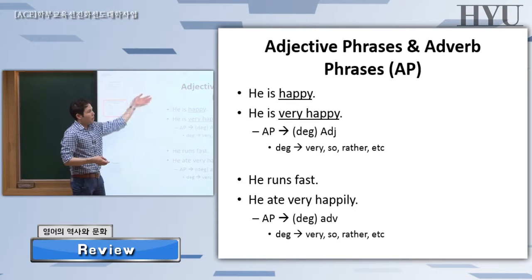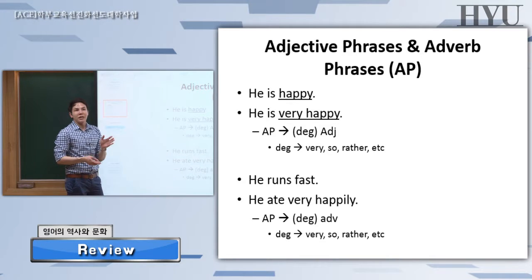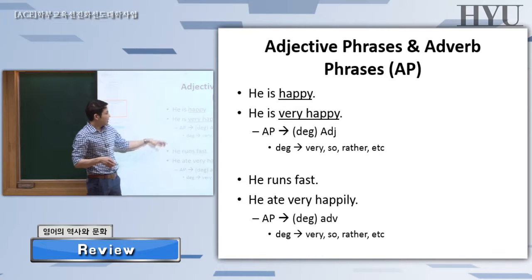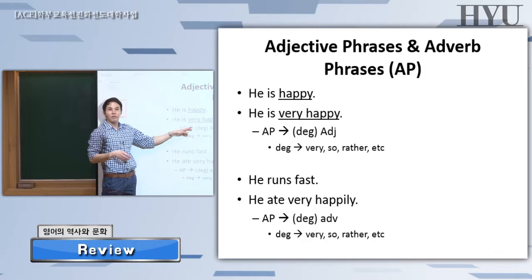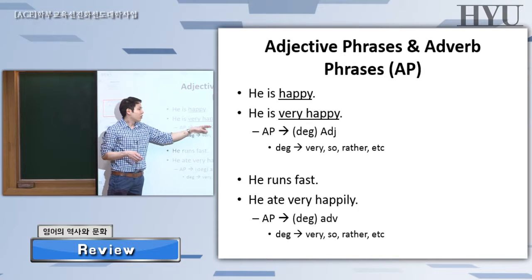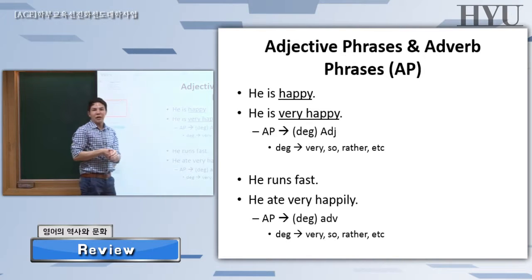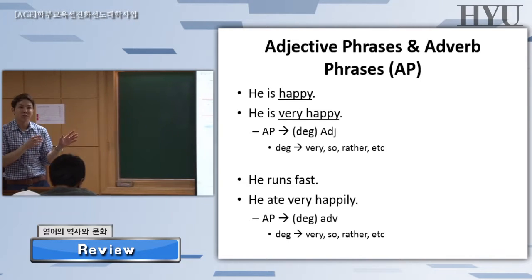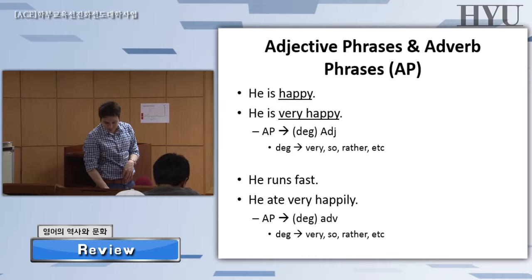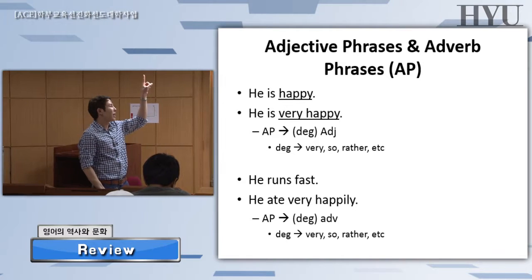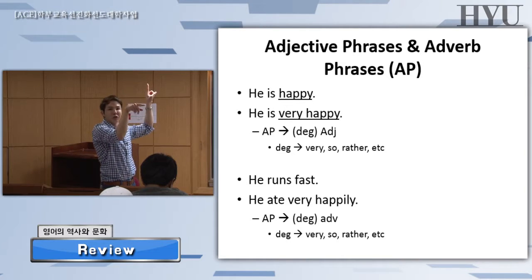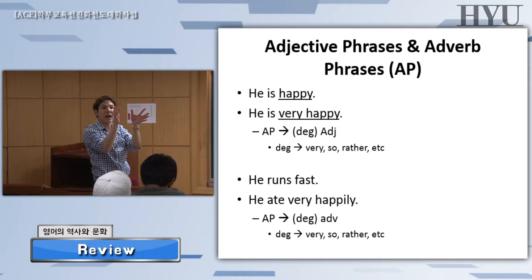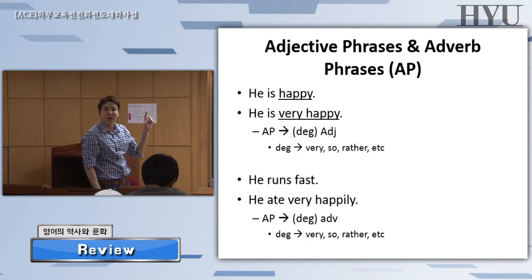So it seems that both adjective and adverb phrases share the same structure, which is AP consists of, which is the arrow, a degree word, and an adjective or an adverb, depending on what you have. Okay? They share the same structure. So we got the first rule here. AP goes to, or AP consists of a degree word and an adjective or an adverb. Okay? That's for the AP.